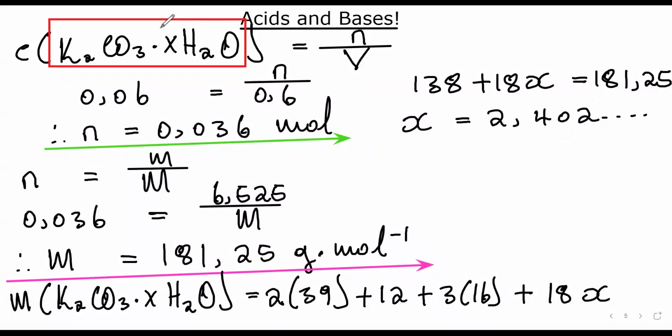It's like a balancing figure. It has to be a whole number. So you simply round it off to the nearest integer, and x is going to be 2. You can't leave it as 2.4, so forth. It is an integer.